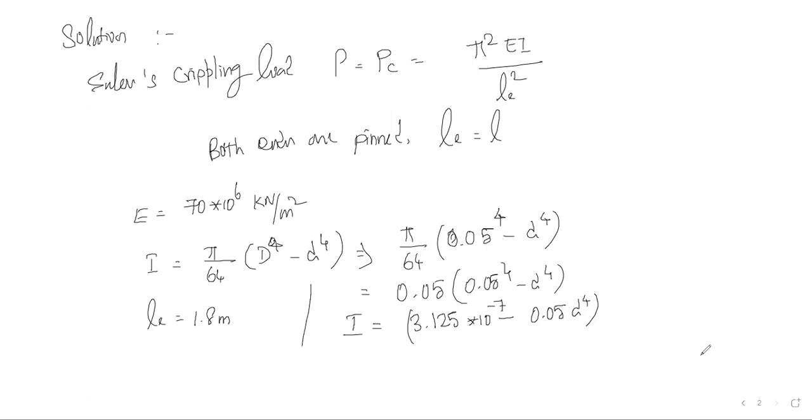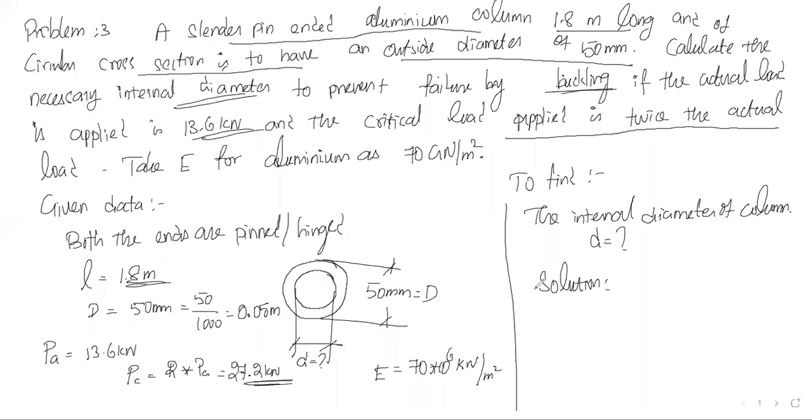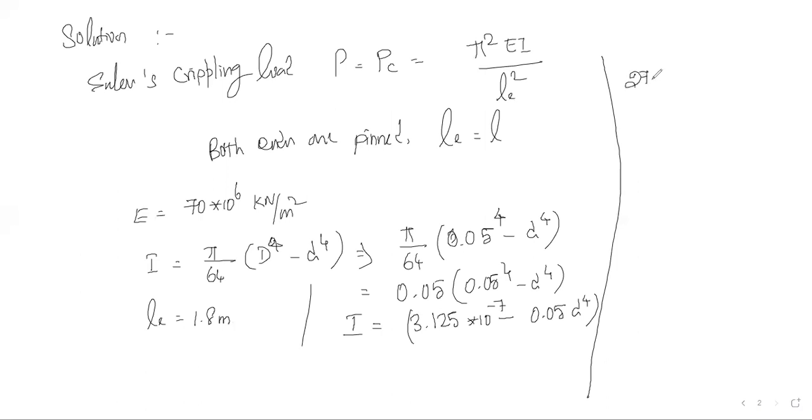So now we are going to substitute these values into the formula. PC value we know is 27.2 kilonewton. Pi squared, E value is 70 into 10 to the power 6, into I value 3.125 into 10 to the power minus 7 minus 0.05 d power 4, the whole divided by LE 1.8 square.